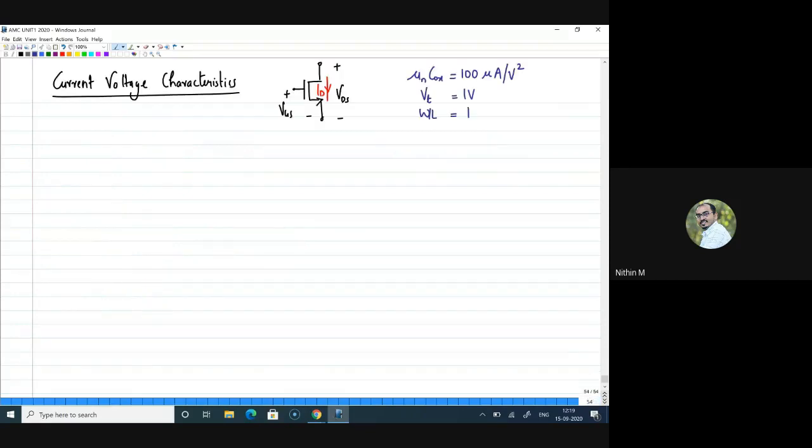Now this is a very simple exercise. On the right side I'll be marking this is VDS and this is ID.